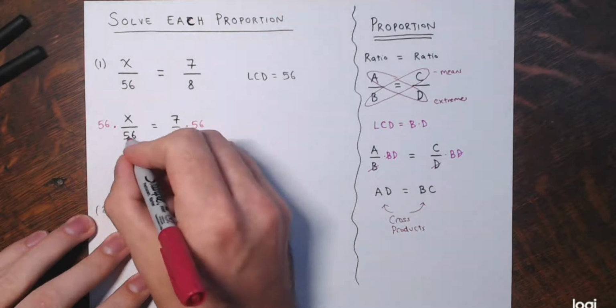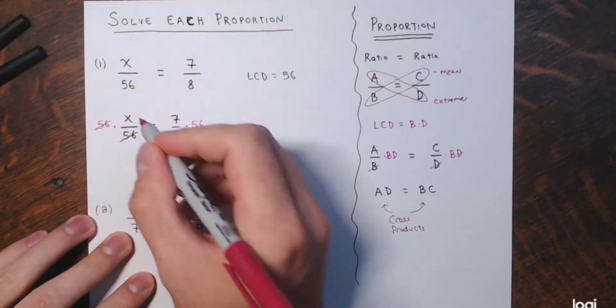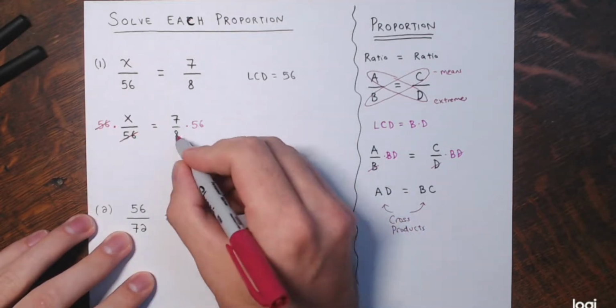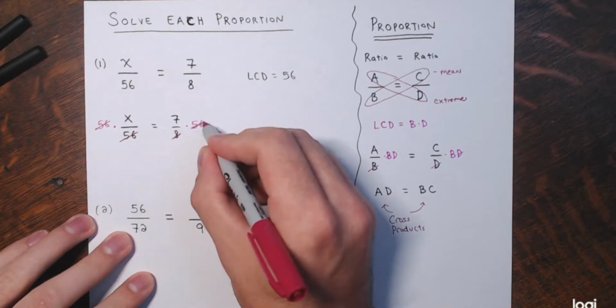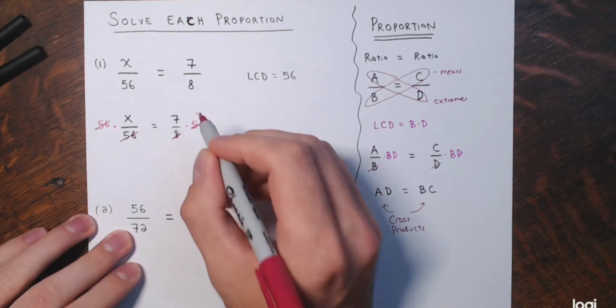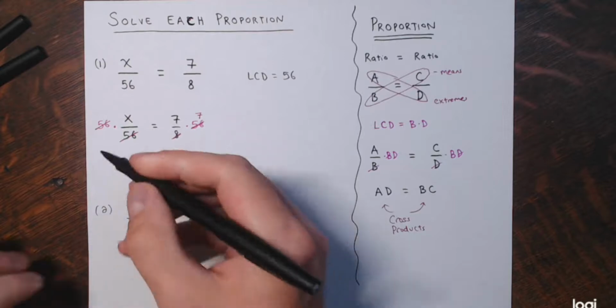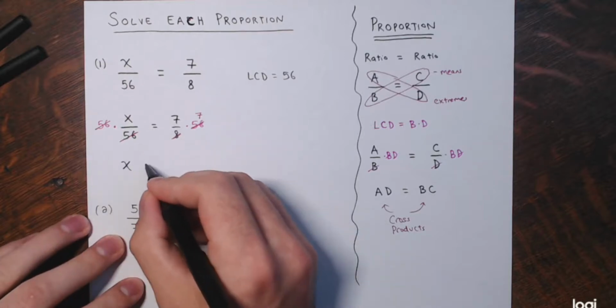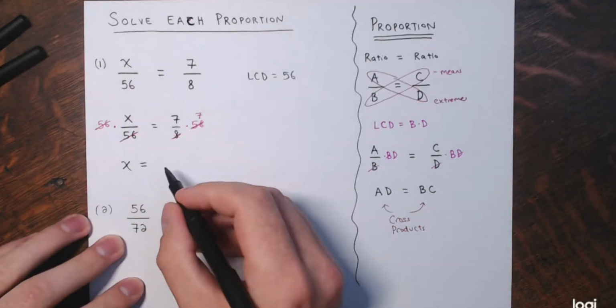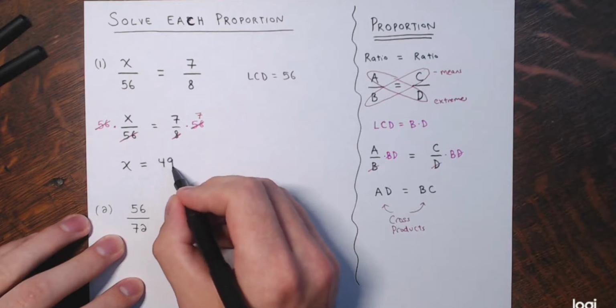On the left side, the 56's would cancel. On the right side, 8 goes into 56 7 times, so you'd still have a factor of 7 left over. Now I have x on the left equals 7 times 7, which is 49, on the right.